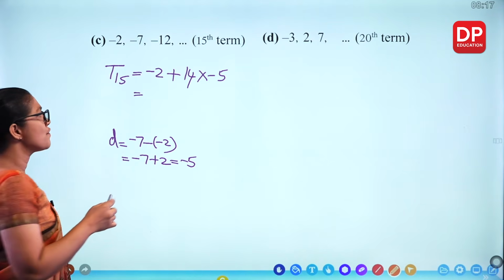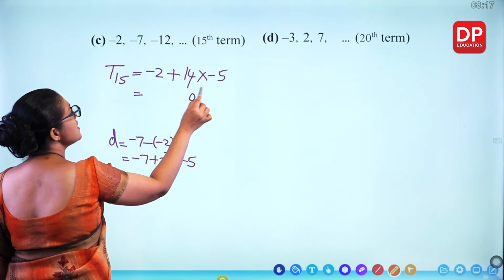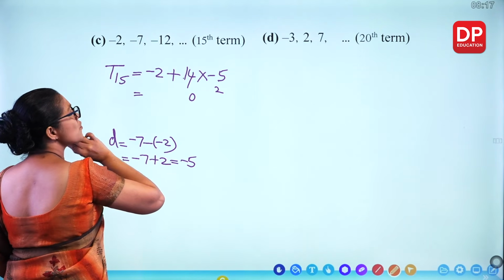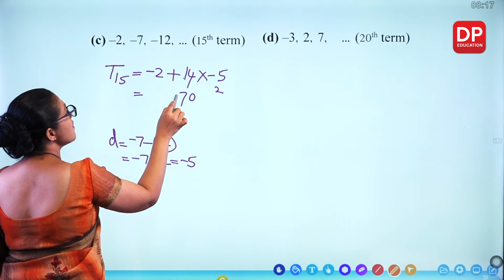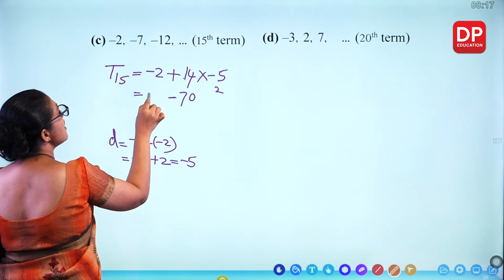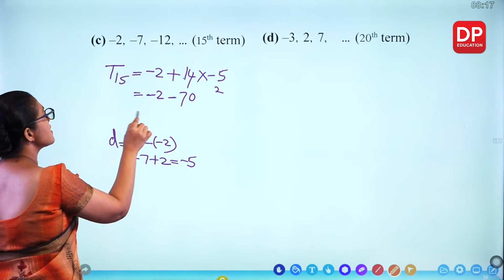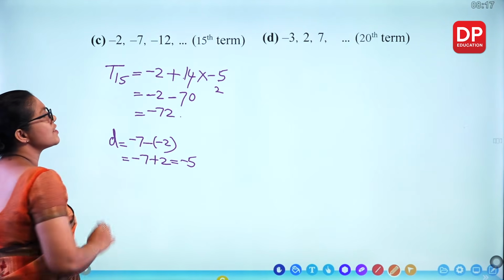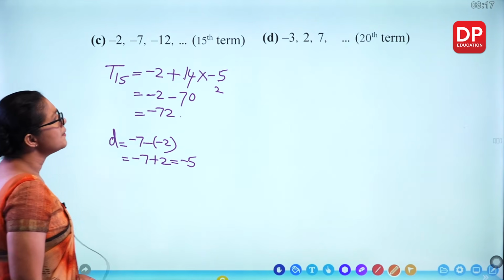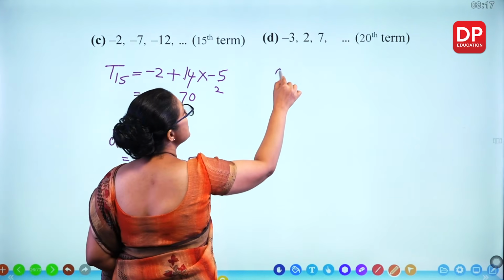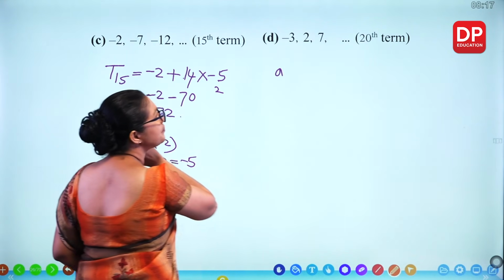Now multiplication first. 5 times 4 is 20. 2 remaining, 5 times 1 is 5, plus 2 is 7. That's minus 70. Minus 2, minus 70, minus 72.